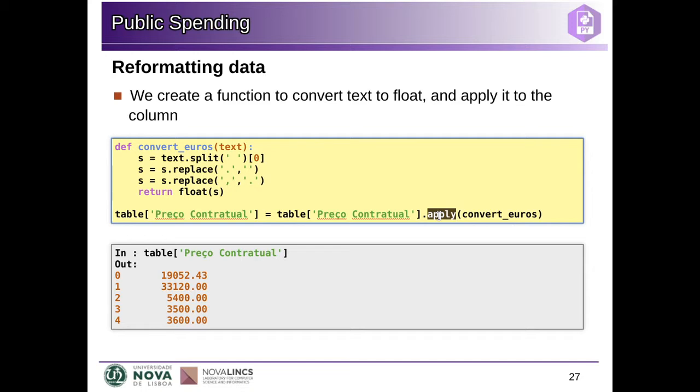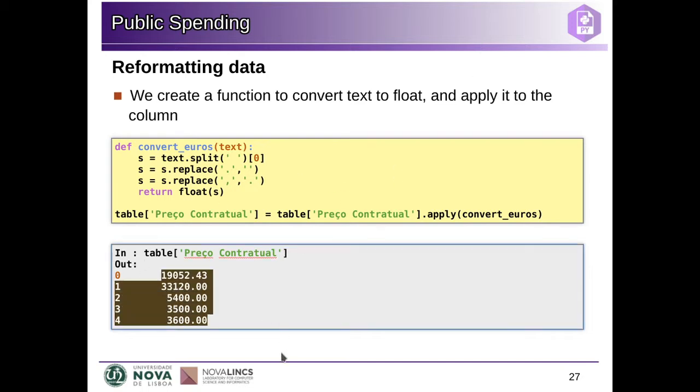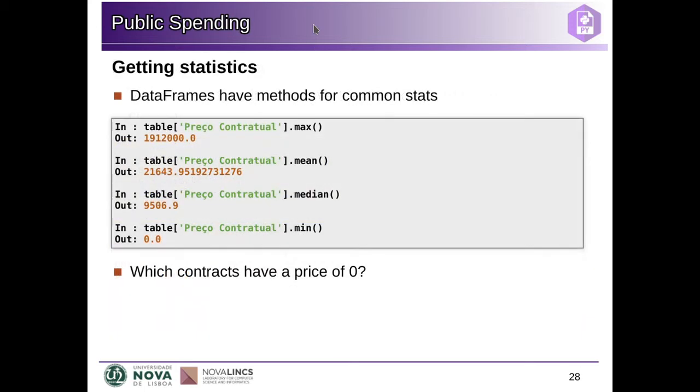So this is a general way of pandas working, and if you really want to throw away the previous data, then you can do so explicitly like this, or add an argument to do it in place in the same table. Okay, so now we have the price converted into numbers, and now we can ask for some statistics.